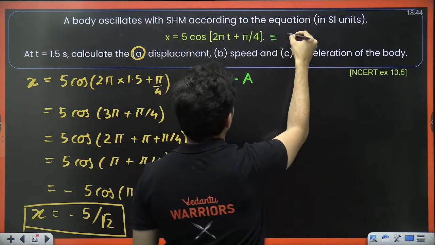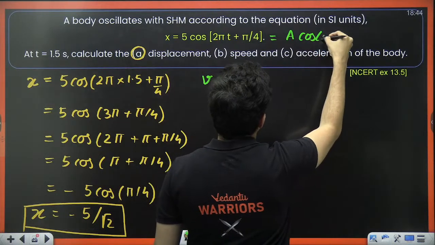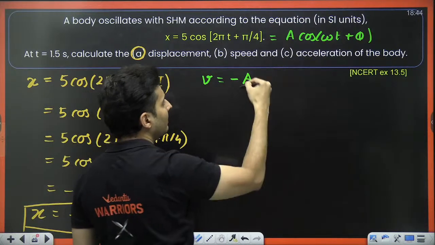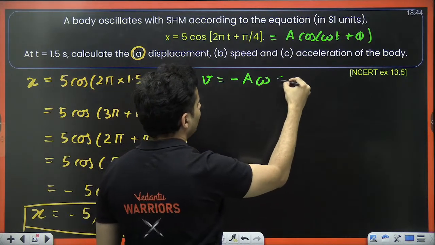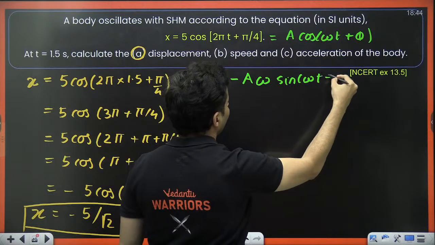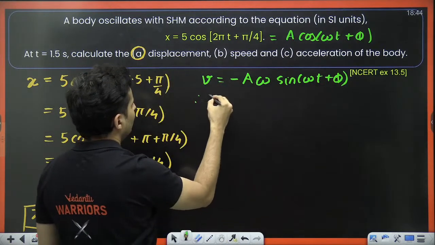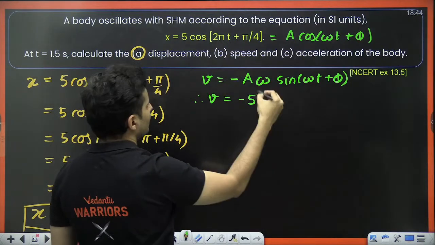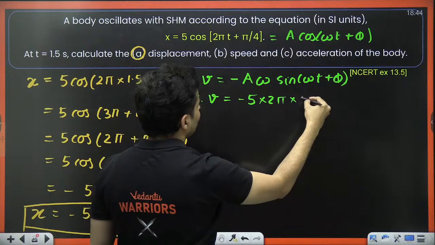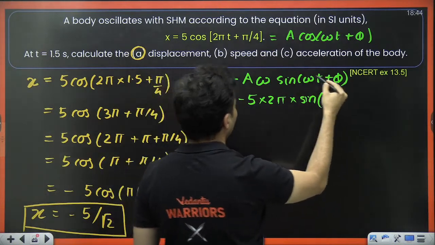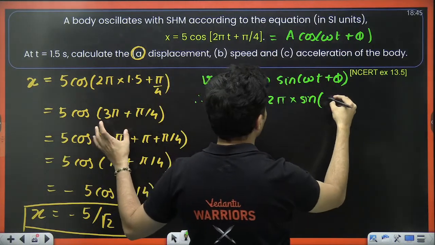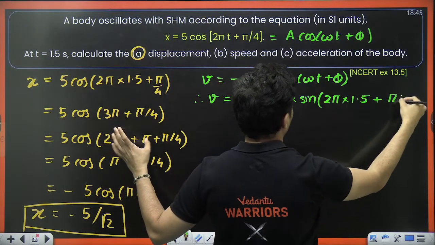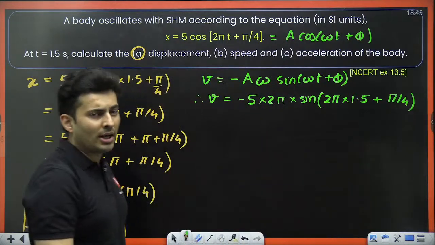Because this is actually a cos(ωt + φ), if x is this one, velocity will be the derivative of this: −Aω sin(ωt + φ). So the velocity will be −5 × 2π × sine of, again the same thing, ω is 2π, time is 1.5, plus π/4.